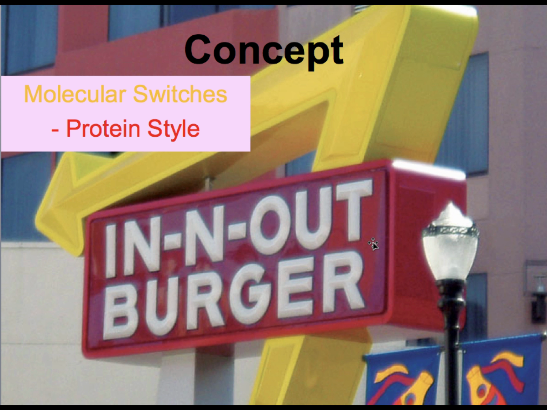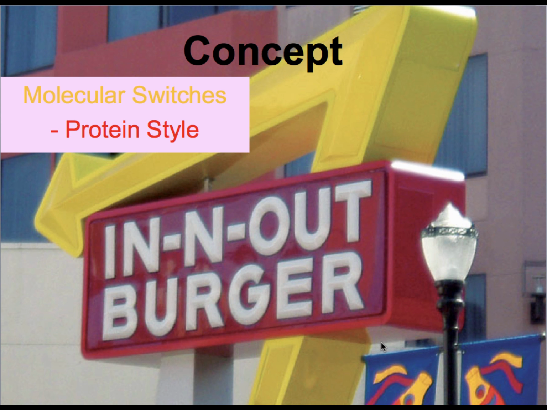A faster control mechanism is to have a molecular switch. A protein can be enabled and disabled, i.e. activated and deactivated, multiple times quite rapidly, sometimes many times per second.